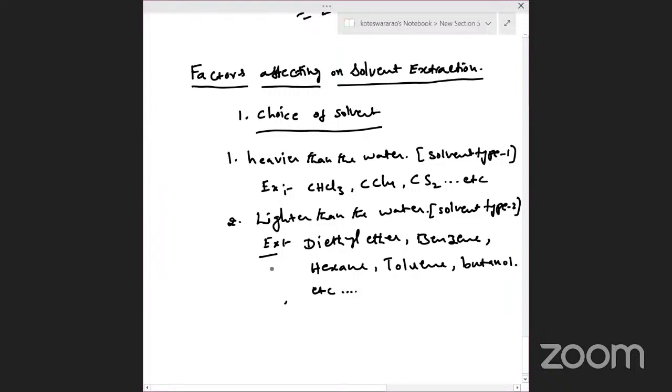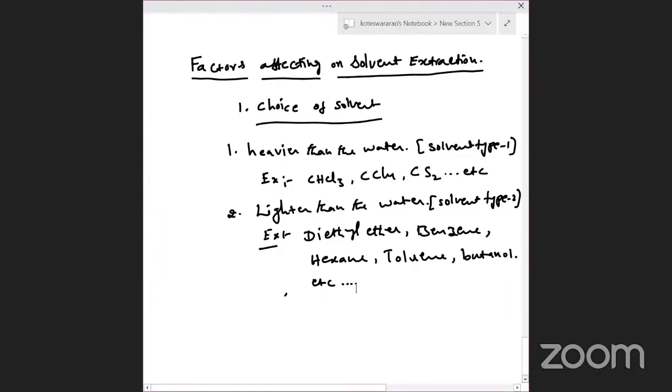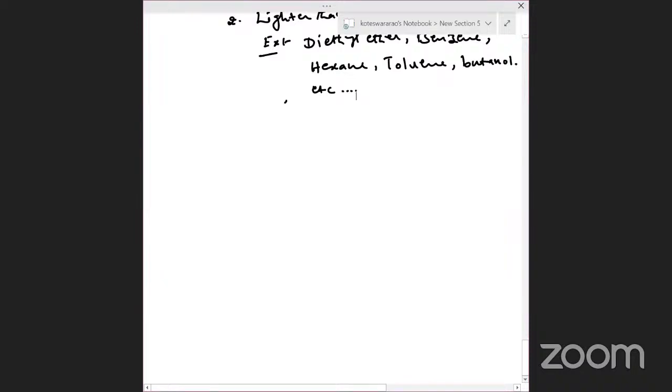Now, the choice of solvents for extraction can be considered by using the following factors.